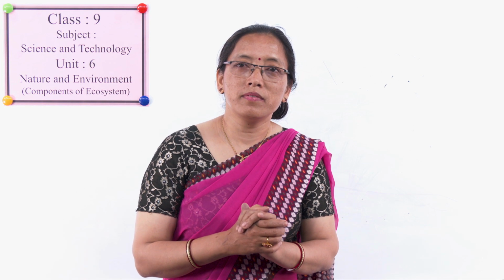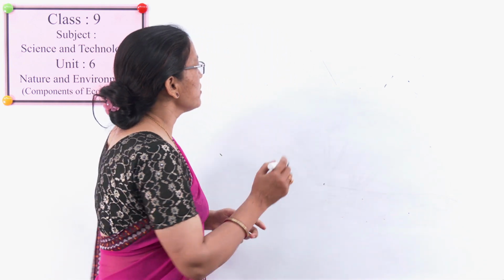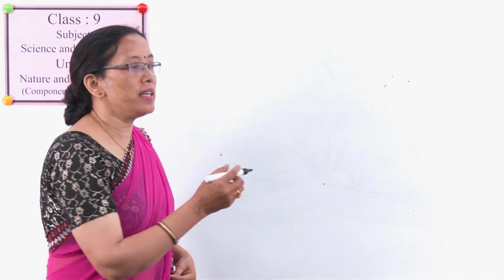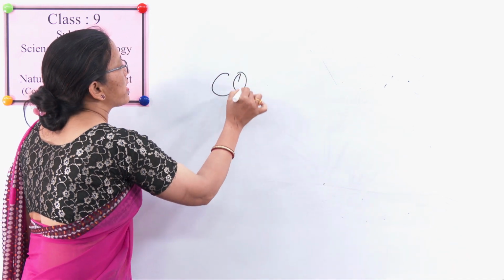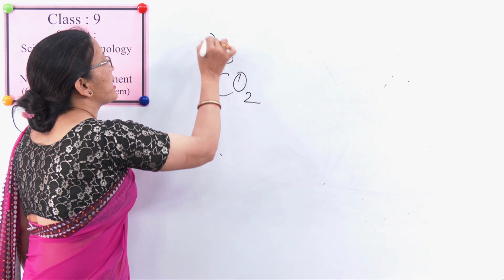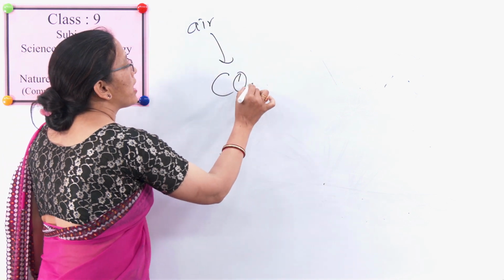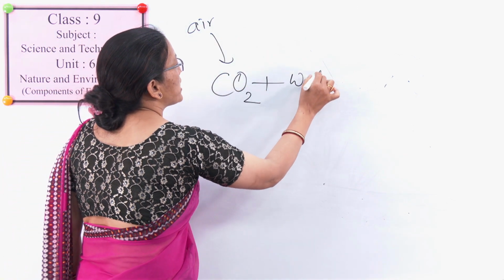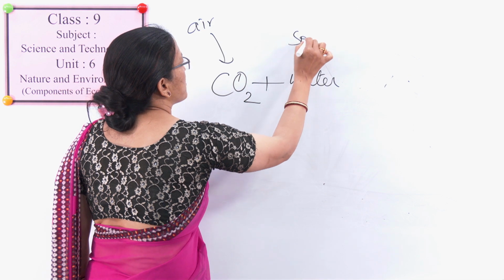Can you say? Yes, by the process of photosynthesis. What is photosynthesis? See, during photosynthesis, what happens? They use carbon dioxide from the air, and they absorb water from soil.